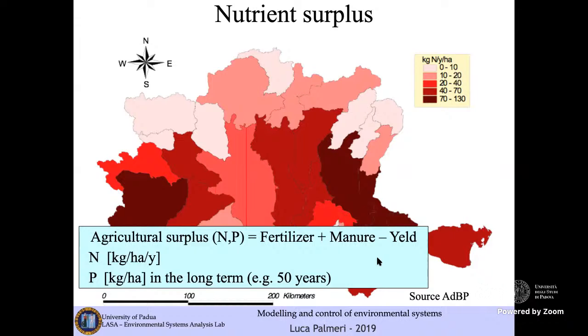So we calculated the agricultural surplus by simply making a difference between what is put or provided into a portion of territory in terms of fertilizer and manure, the nitrogen and phosphorus content of fertilizer and manure, minus what was taken away by crops, nitrogen and phosphorus.